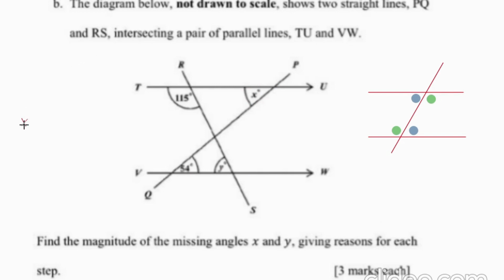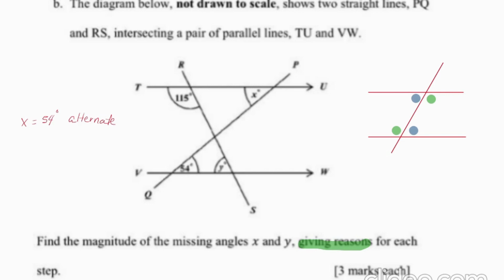So x is equal to 54 degrees. These are alternate angles. Why is that important to state? Well, because it says to state it, doesn't it? It says, give reasons for your answers. So that's x. So what about y then?